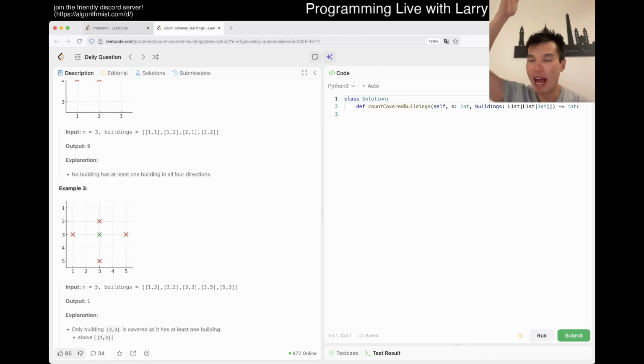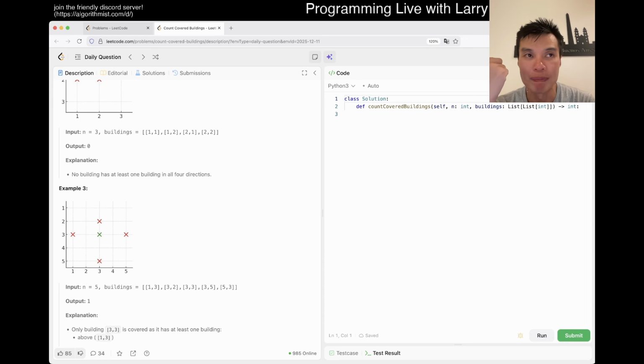Because basically for everything in a line, everything that's not the first point will have a building above it, right? So you just mark that, and in the same way, for the last building, everything below it has something above it. And you could do a for loop. You don't have to do anything too crazy with respect to data structures, because each building has only 4 directions.